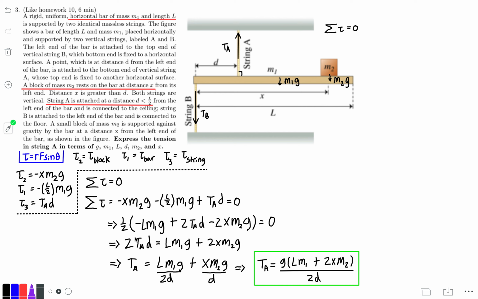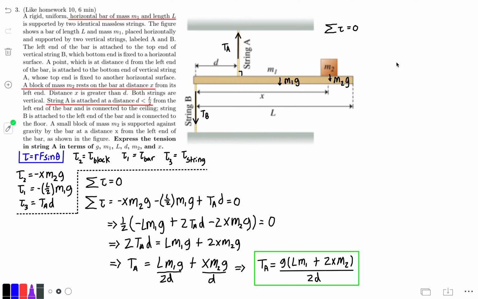We can move this torque 3 in front here, and then solve for the tensile force of string A. I've moved this around and simplified it algebraically here, moving this G out in front and dividing it by 2D. So this would be our equation for the tension in string A.